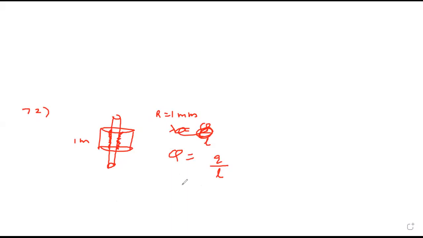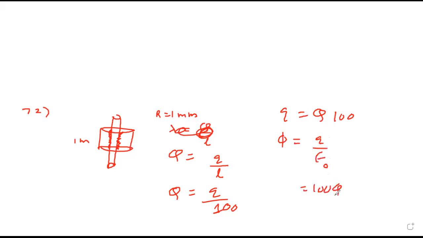The charge on 1 meter will be 100 Q, because first they have given charge per centimeter. 1 meter means 100 centimeter, so per 100 centimeter it will be 100 Q. Then what will be the flux? Flux is charge upon epsilon naught, 100 Q upon epsilon naught. Any doubt in this one? No doubt, sir. Okay, option.